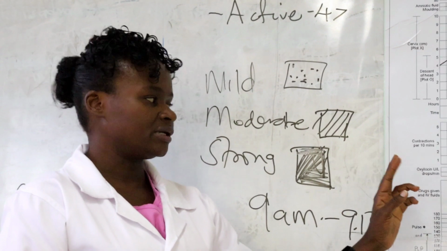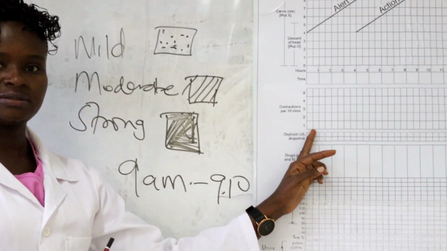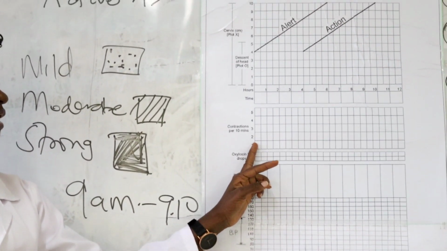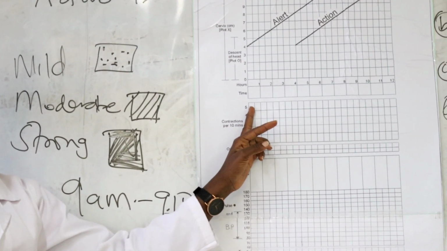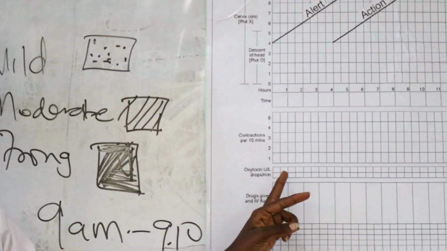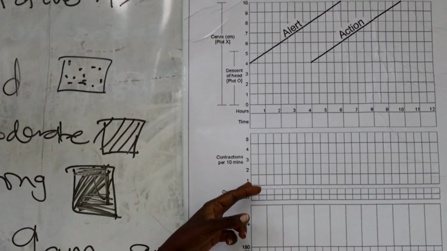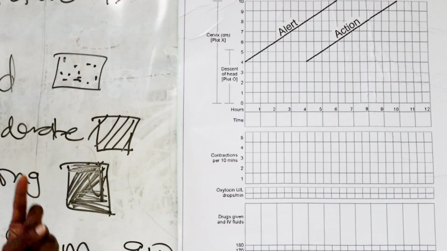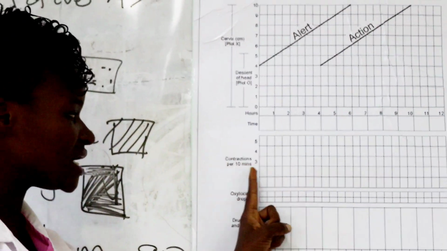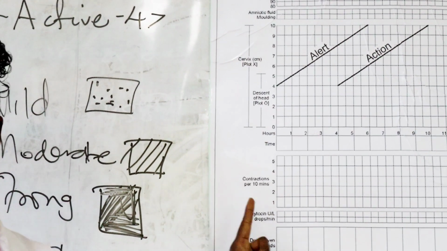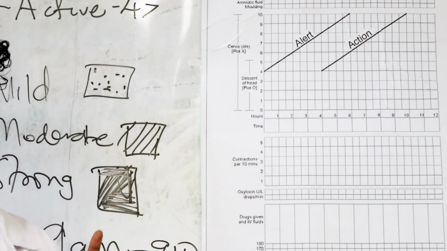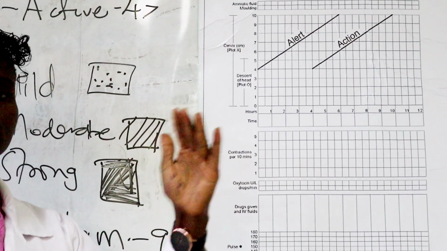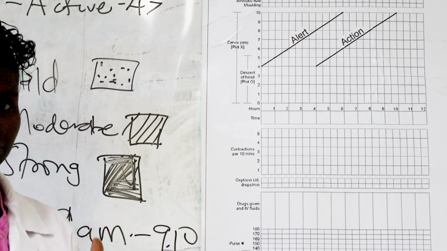Now, come back to the chart. Look at this chart. We have numbers 1, 2, 3, 4, 5. That simply means we are charting contractions. How many are they? Now, it's unlikely for us to have more than 5 contractions within 10 minutes. Otherwise, we will be diagnosing other problems or other issues.